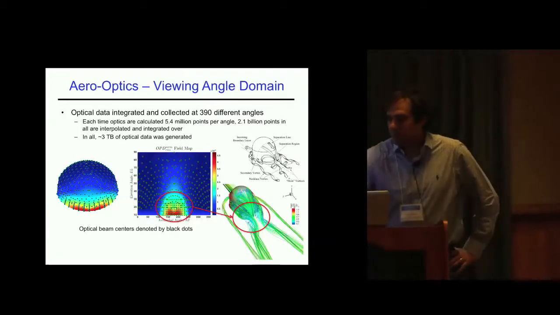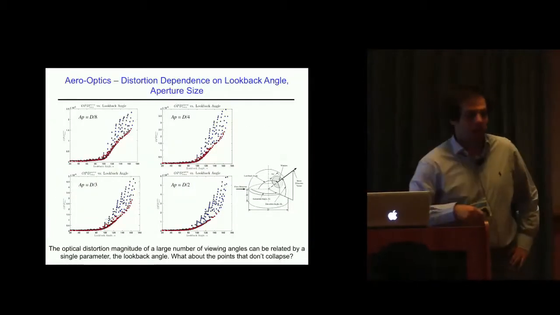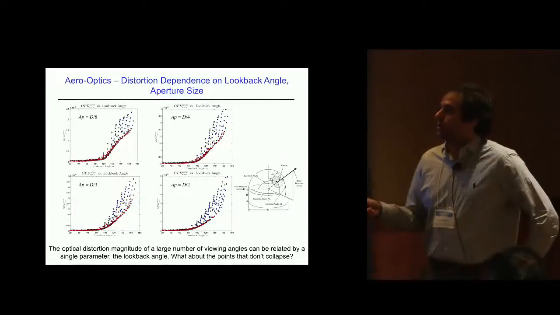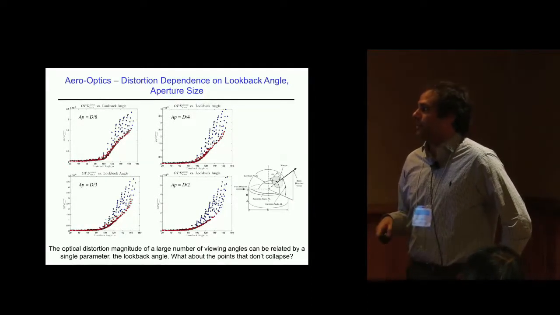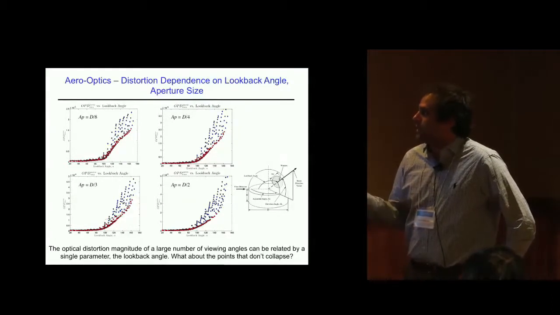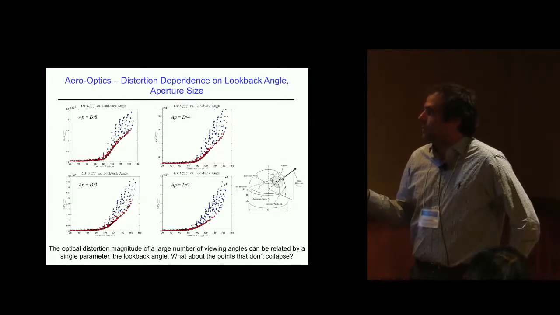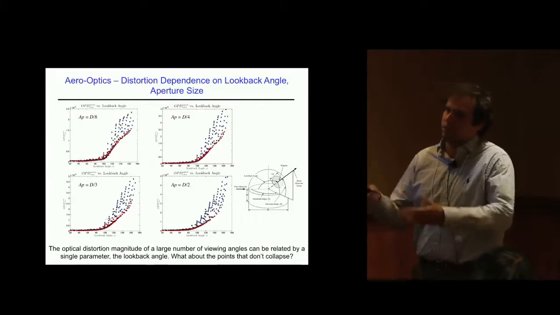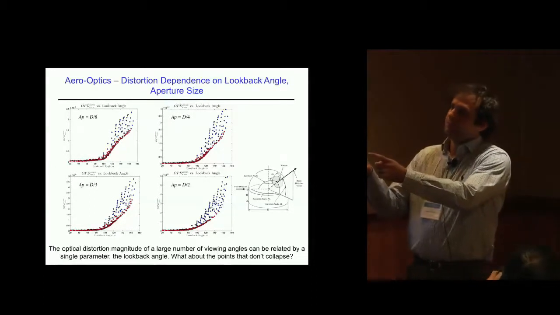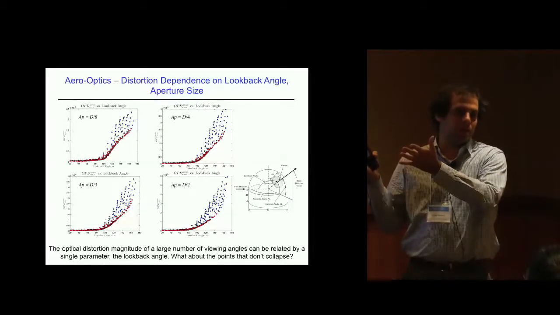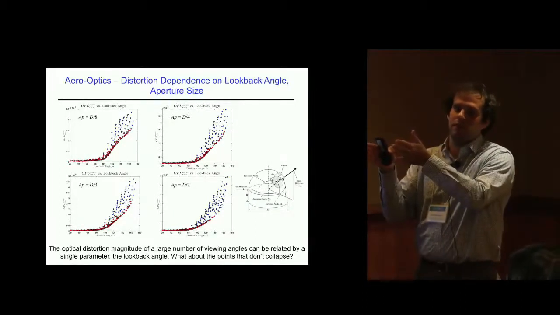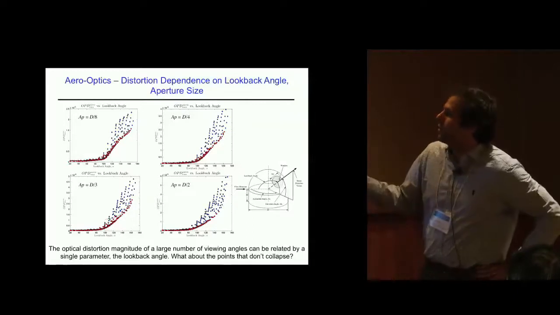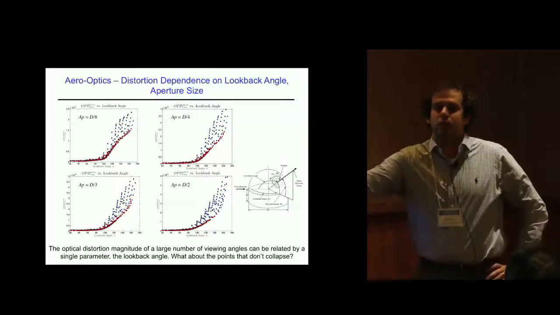And so, moving forward and looking to crunch lots of data, this is optical distortion, that OPD RMS term, for 4 different aperture sizes. This is versus look-back angle, which is a different way of looking at it. If you have a sphere, instead of looking at azimuth and then off the horizon, this looks at it as axisymmetric: where do you look back from the front of the flow direction.